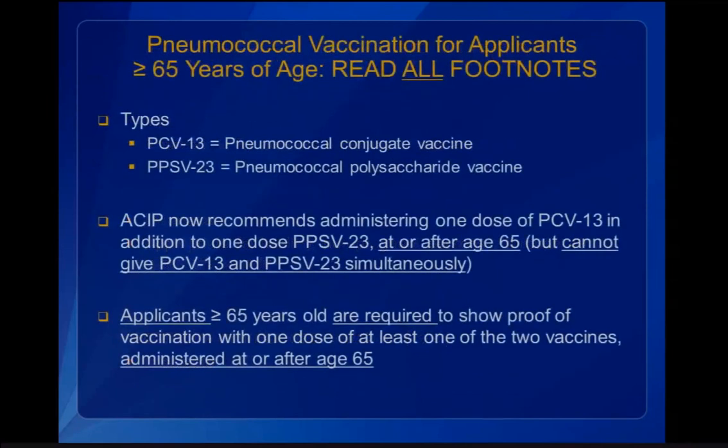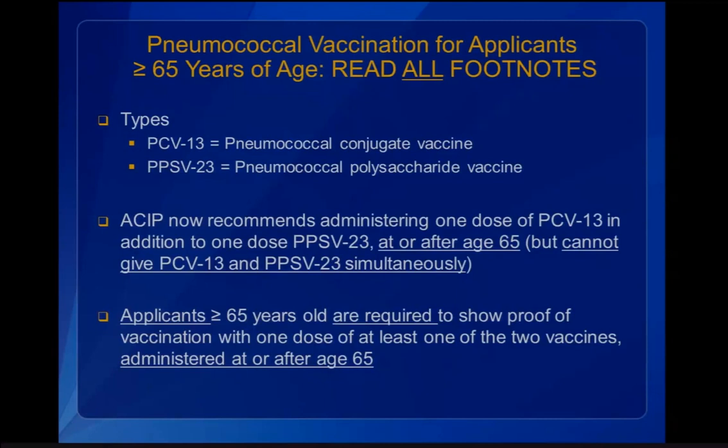So, pneumococcal vaccines. This has gotten much more complicated because it used to be that somebody 65 and older was recommended, or for our population required, to get the pneumococcal polysaccharide vaccine, the PPSV23, so 23 different subtypes.